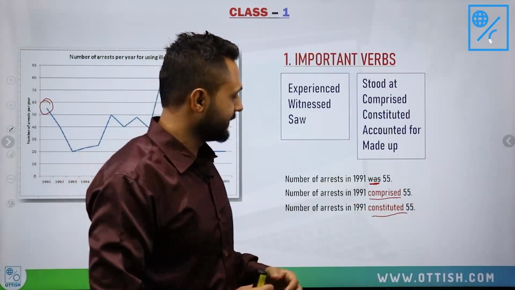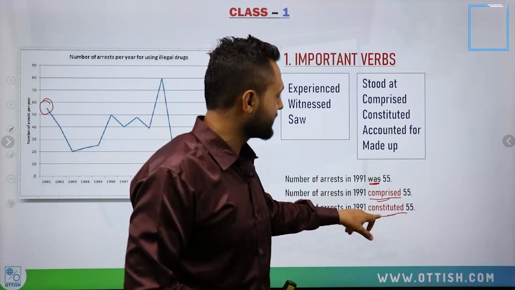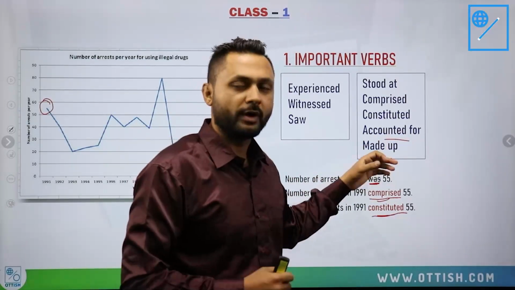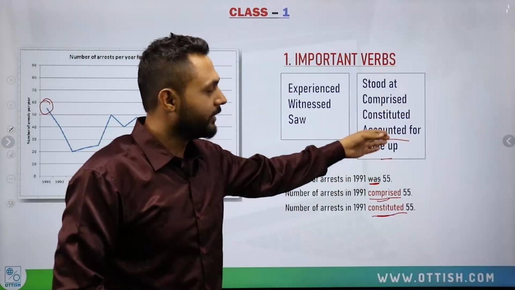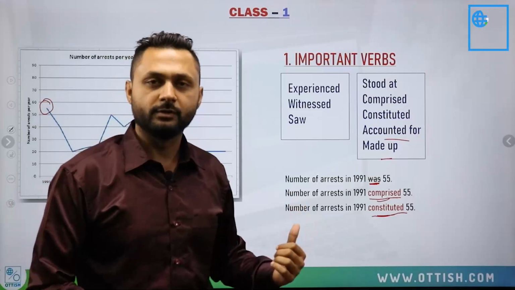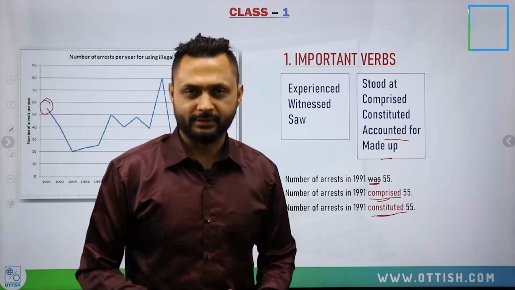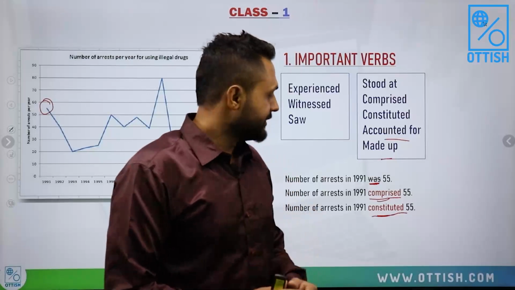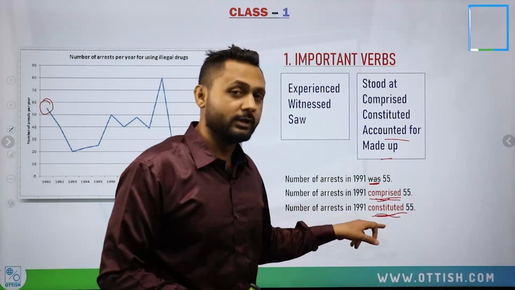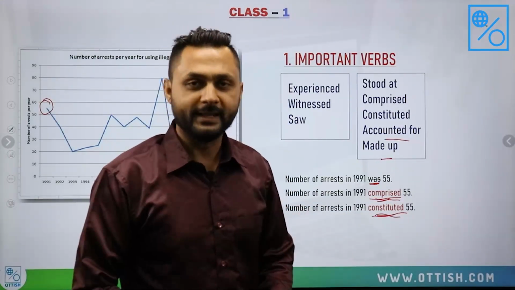Now the next thing is, why did I use comprised, constituted, accounted for, made up? Why are we using these verbs? Because these are advanced verbs and that will increase your vocabulary in your writing. But that doesn't mean that if you use these words you will get band score 7 or above. That doesn't mean.